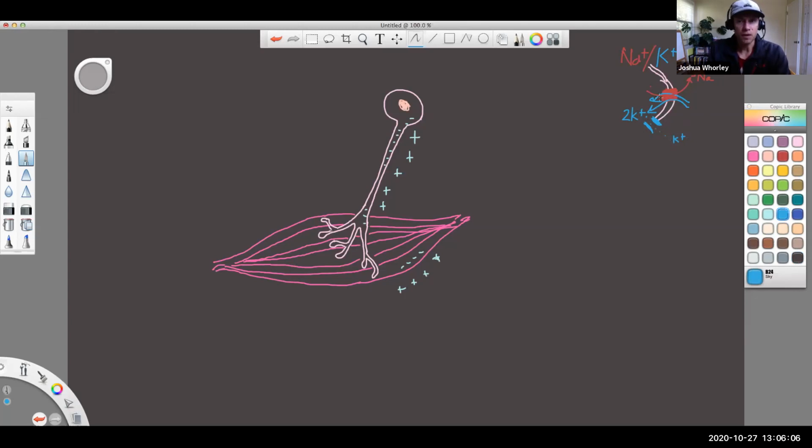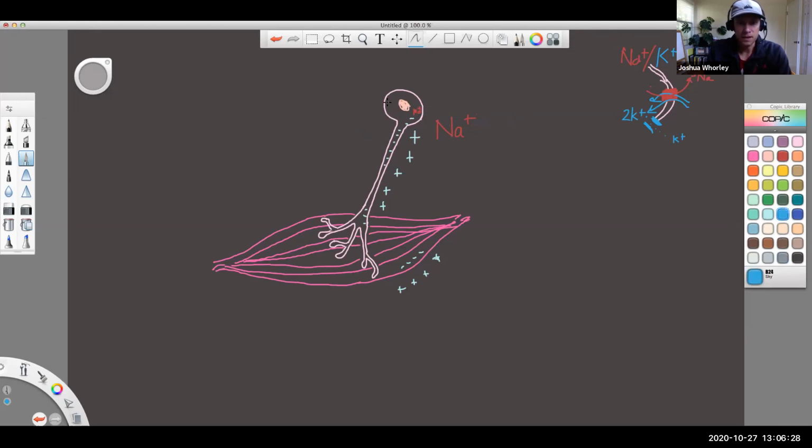So the upshot of all this is that in general, there's a lot of sodium outside the cell, held against its concentration gradient out here, and there's not very much inside the cell, right? In general, the potassium concentration gradient is not large.